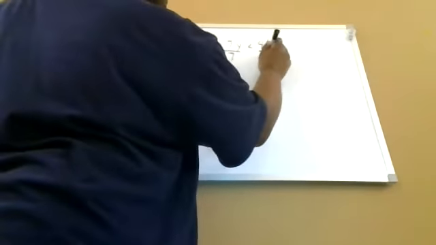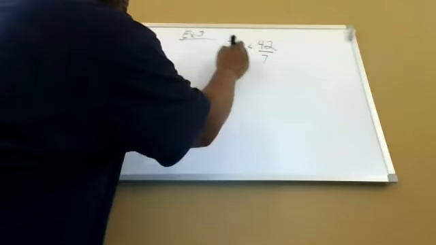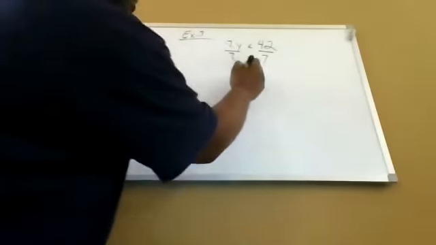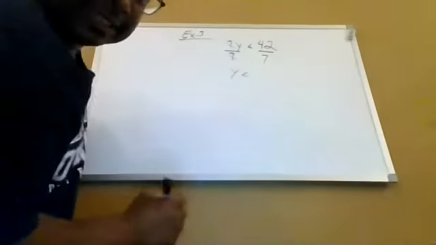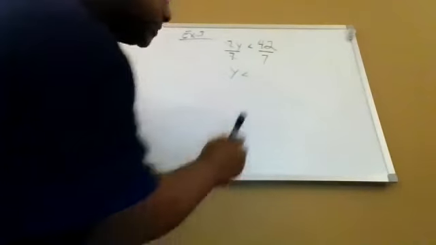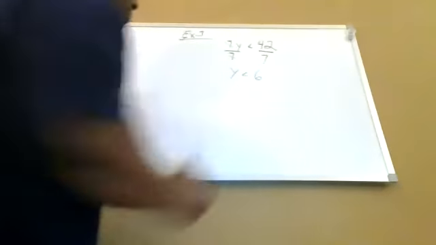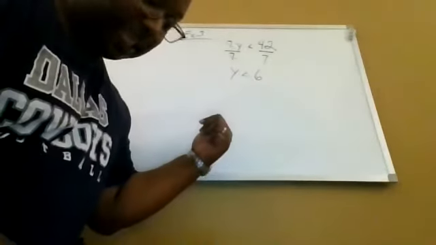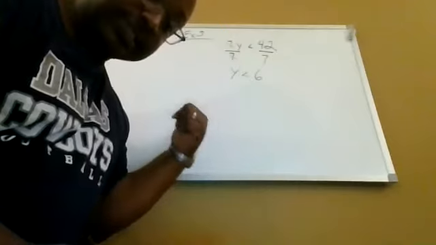Now when I do that, I can cancel out the 7s on the left-hand side, which leaves me just y is less than, and 42 divided by 7 is 6. So now we have the inequality, y is less than 6.